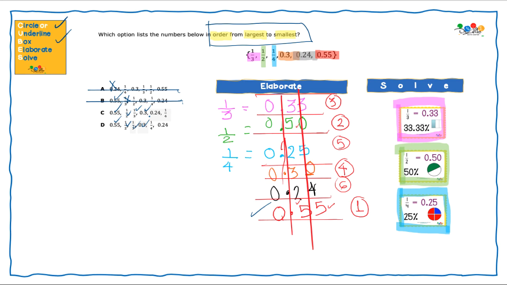The fifth one, the number 5 should be 0.25, which is 1/4. And then I can see that on letter C, they don't have 1/4 as the next one. It's not working. But letter D, they do. It is working. And then I can see that finally it should be 0.24. So our answer is letter D.